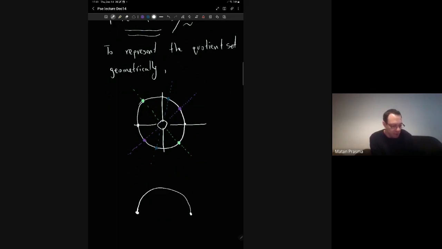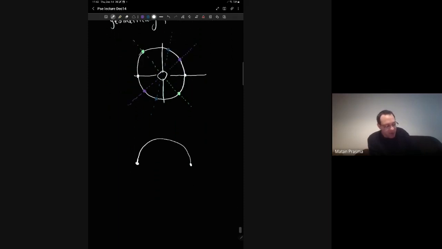Because these 2 points are antipodal. I mean, they sit on the same line passing through the origin, so they are in the same equivalence class. But if I identify 2 points, what I get is again a circle.